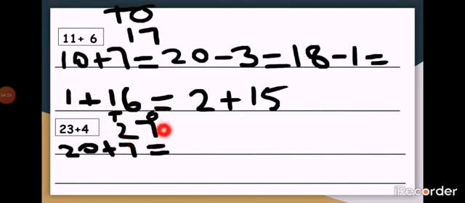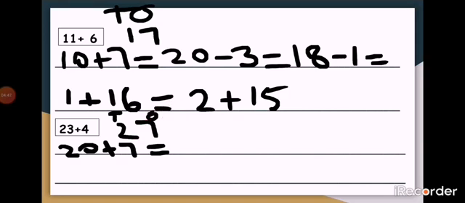Again, I will suggest you find the nearest tens first. Since it's more than the middle number, we will go for rounding up to the nearest tens. So put 27 in mind, and can you tell me what is the nearest tens? Yes, it's 30.